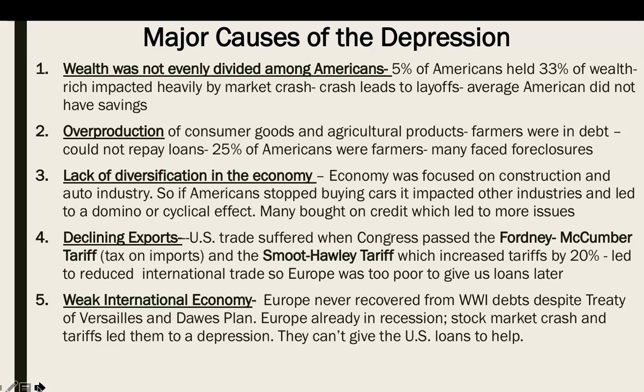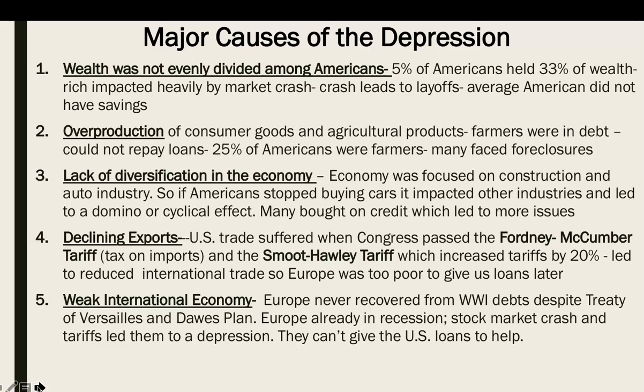We pass these high tariffs or taxes on them, and so we're not really buying a lot of their goods. And so what we see happen is when the stock market crashes, these countries are really kind of terrified because they realize they've already been struggling, and it's not like the Americans are going to come and bail them out or help them out in any way.